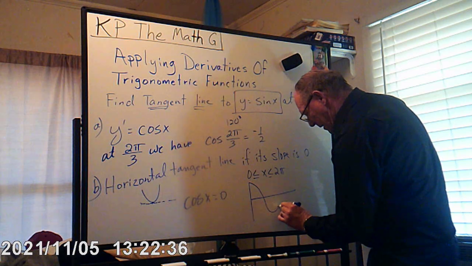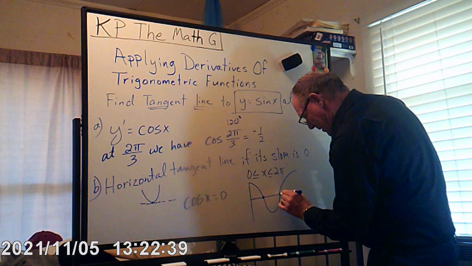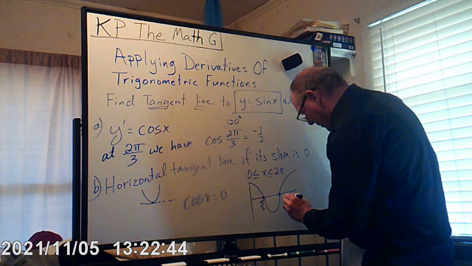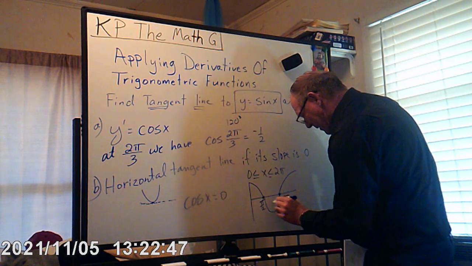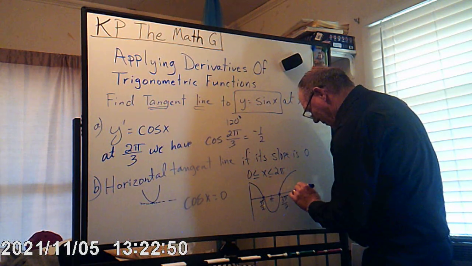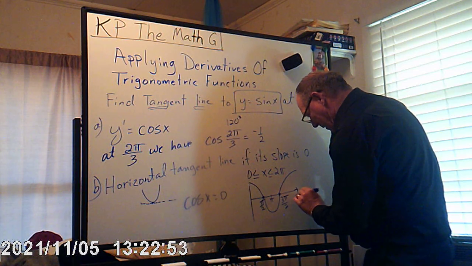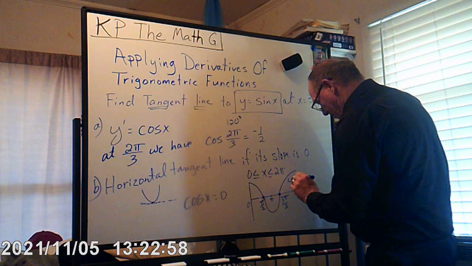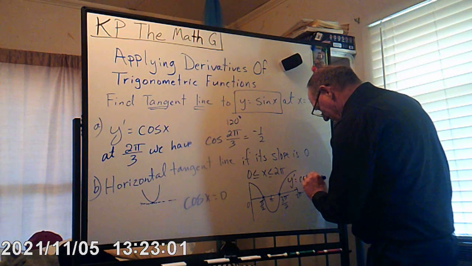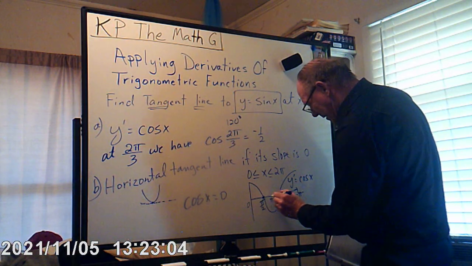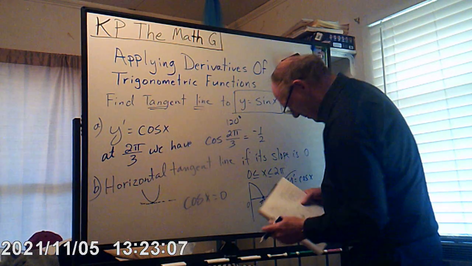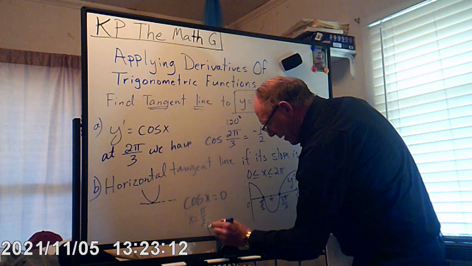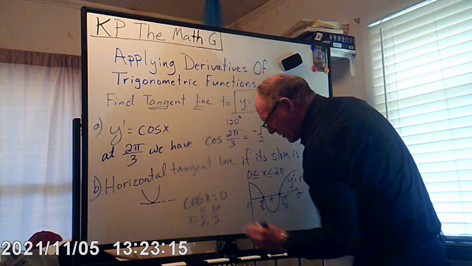Right here and right here. So this would be pi over 2, and this would be 3 pi over 2. Pi over 2, pi, 3 pi over 2, and then 2 pi, and this is 0 right here. This is the cosine wave itself, where y prime is equal to cosine of x. So right here at pi over 2 and 3 pi over 2. So x is equal to pi over 2 and 3 pi over 2.